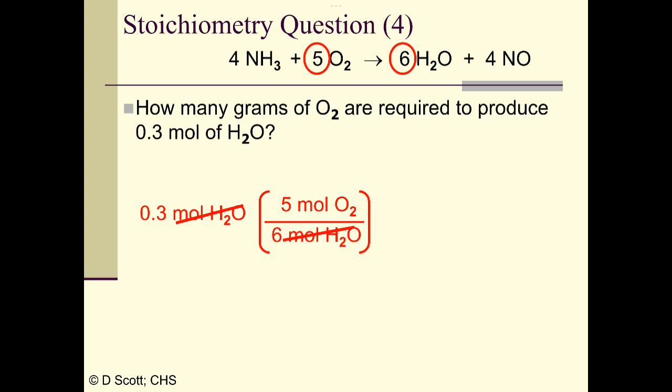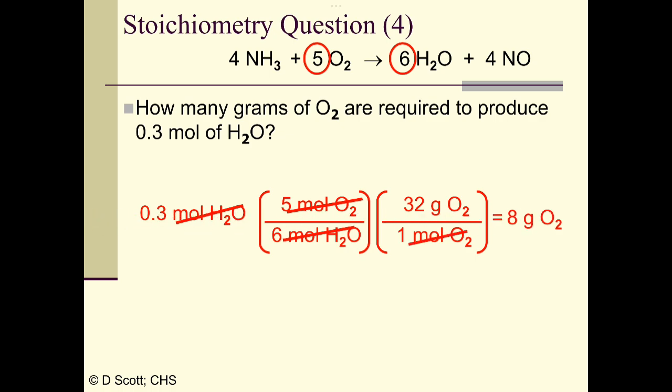Now, since we'll be looking for the grams of O2, we need to write here the molar mass of dioxide. So we got 32 grams of dioxide. So again, we divide 5 by 6, and then you multiply it by 0.3, then you multiply by 32. This will give an answer of 8 grams of dioxide.